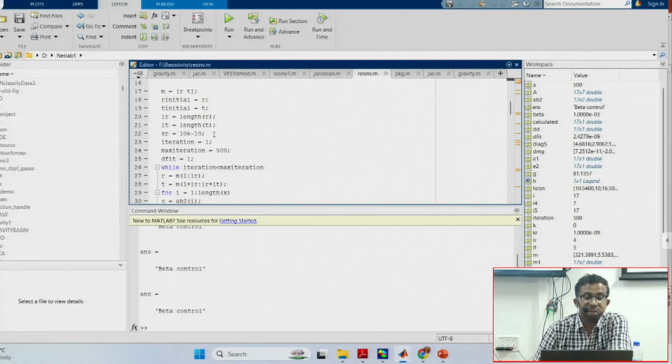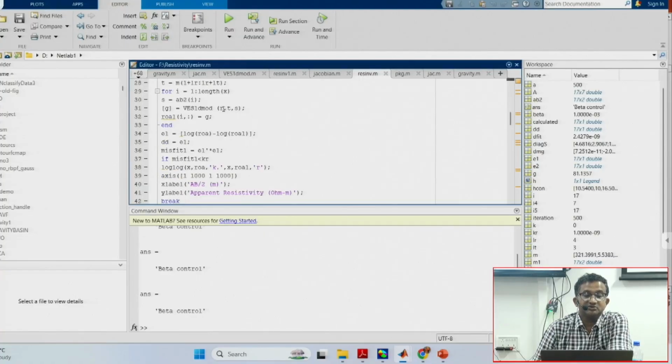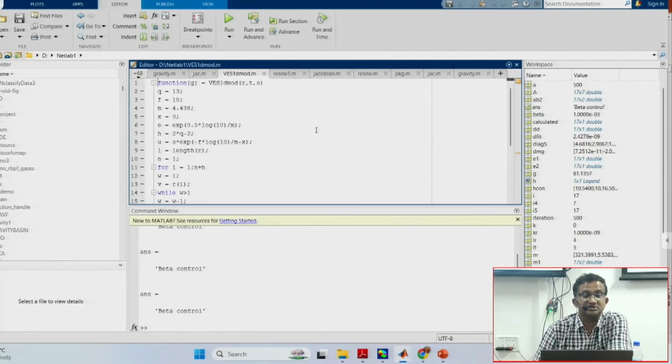All these, the precisions, are set, along with the maximum iterations. Then it will compute the forward response. So this VS1 MOD code will allow you to find the forward response, the forward computations basically, with the help of the subroutine.